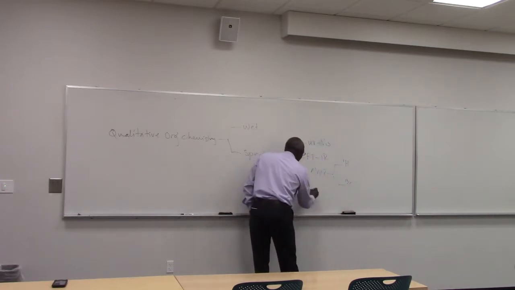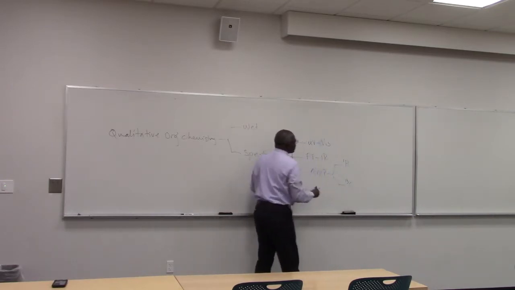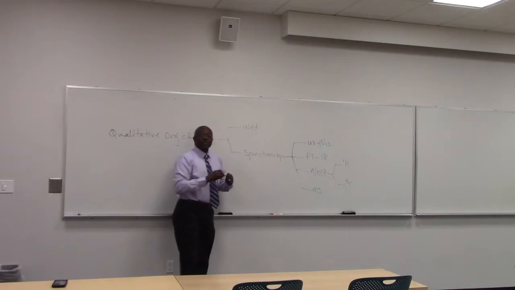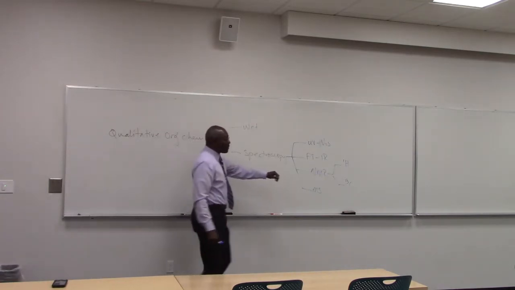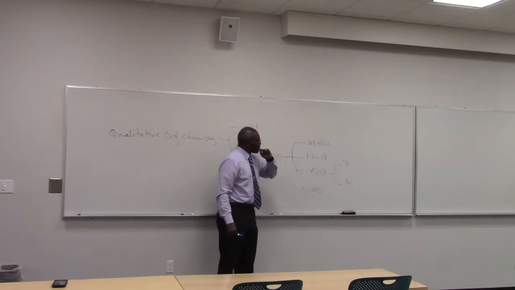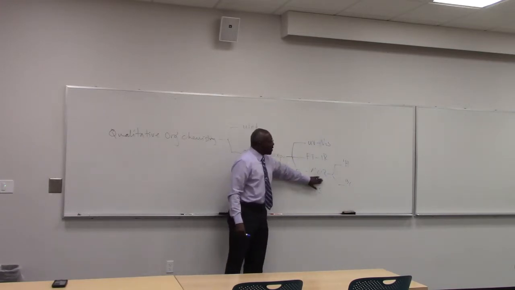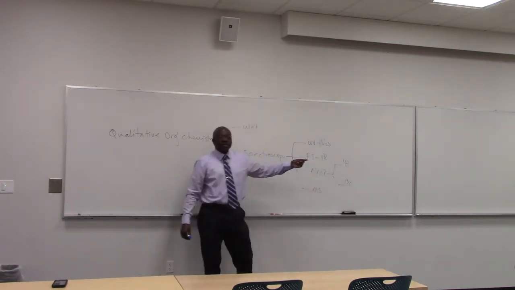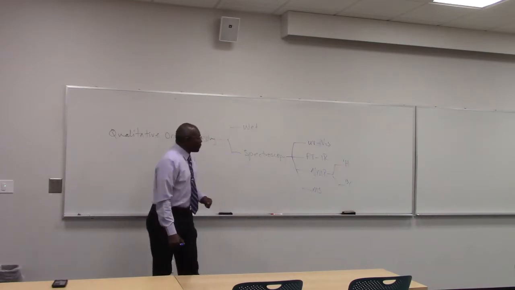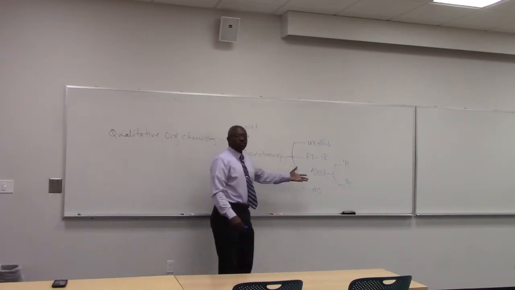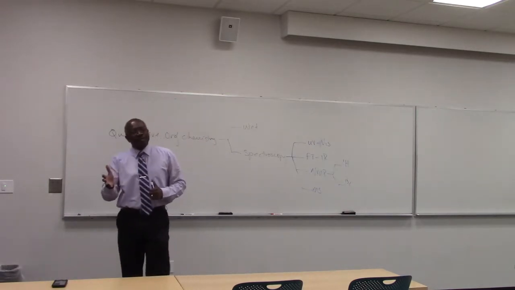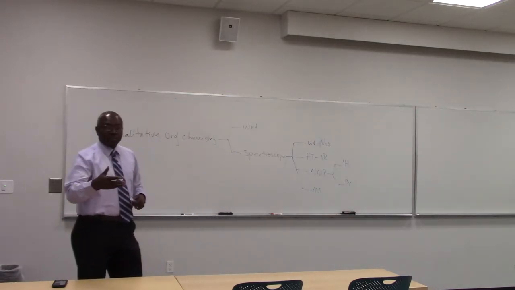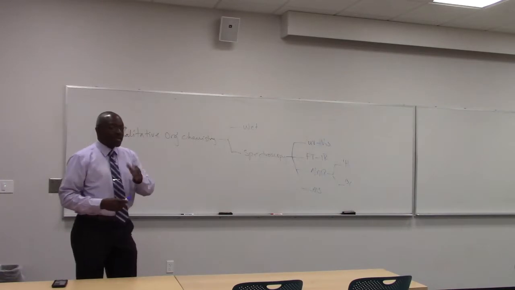And then we're also going to look at mass spec. So ultraviolet visible spectroscopy, Fourier transform infrared spectroscopy, NMR spectroscopy, both proton and carbon-13, and then mass spectrometry. If you ask the purist, they won't say mass spectroscopy, they'll say mass spectrometry.